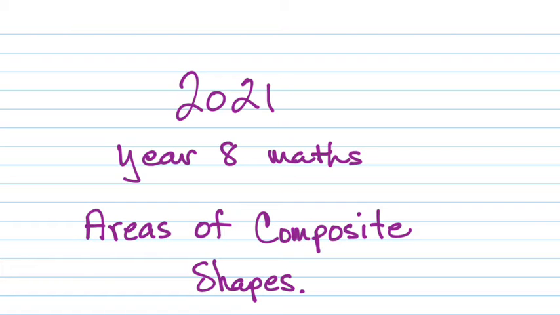In other words, these are shapes that are made up of other shapes, either put together. So sometimes you're going to be finding a bunch of areas and then adding them all up, or taken away.